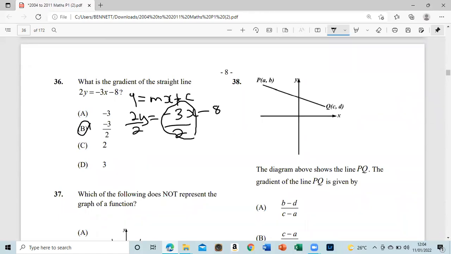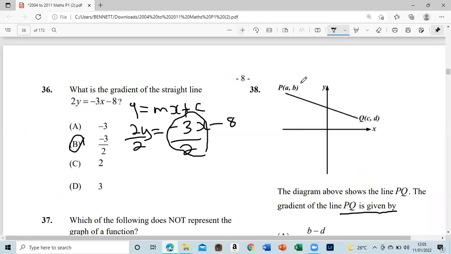They said the diagram shows the line PQ. The gradient of the line PQ is given by, let me just track back. All right. Now, if we are given 2 points and want to find the gradient, simply do this.